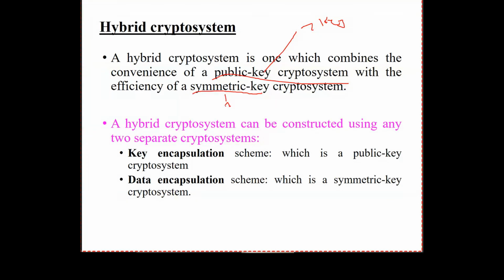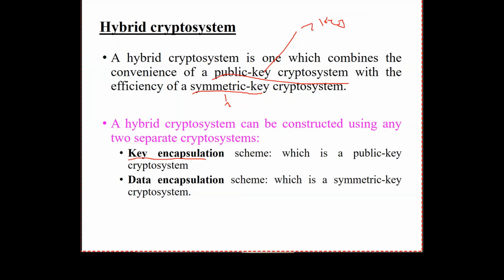Now the hybrid cryptosystem can be constructed in two separate ways. The focus could be either on the key or on the data. When we focus on the key, we say key encapsulation.